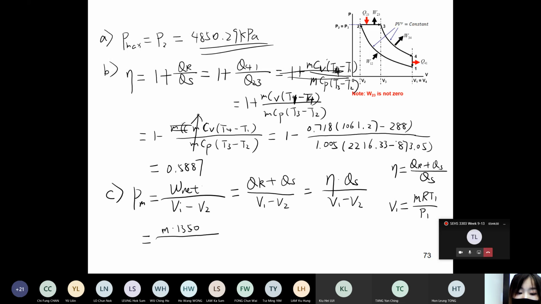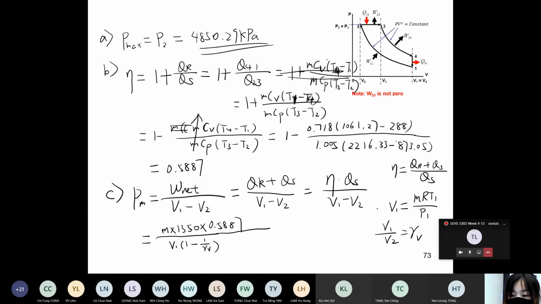So for the heat supply, it should be M times this number, and times the thermal efficiency. And again, we have V1 for this, because of the compression ratio.